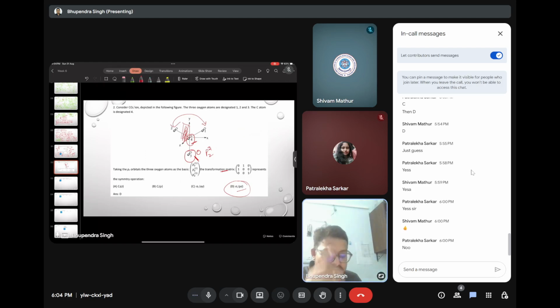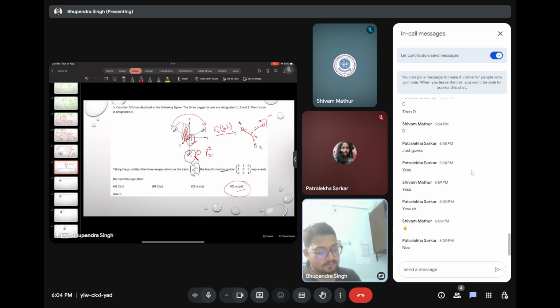So the new position after this sigma v yz operation will look like this: C, O, O. This is 3, this is 4, this is now 1, and this oxygen is 2.